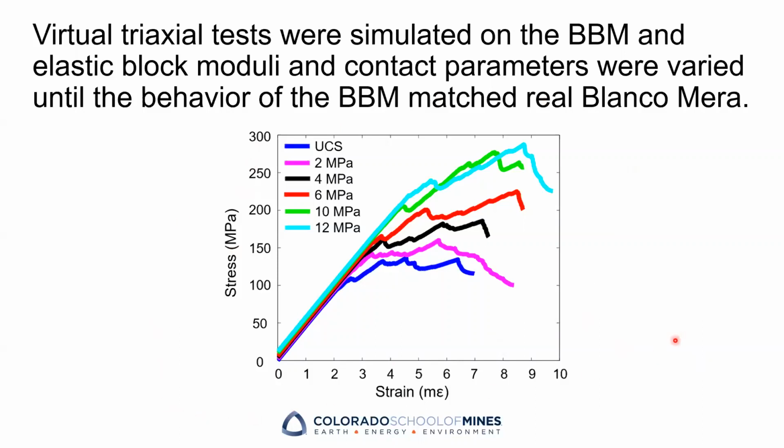Rock properties such as elastic moduli, calculated from the elastic region of the plot, as well as peak strength, like here, here, here, etc., were observed from these plots and were compared to the corresponding properties of real Blanco Mera granite, which have been previously calculated from laboratory experiments. Input parameters continued to be varied until all pre-peak properties of the BBM matched those of the real rock.